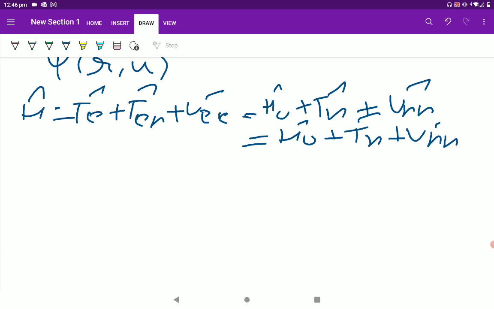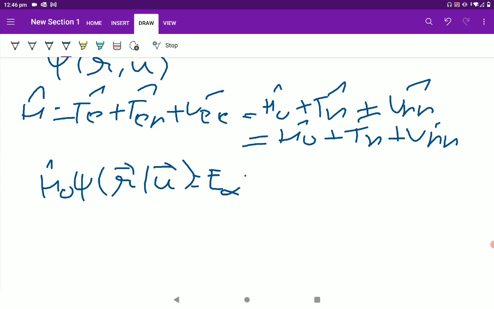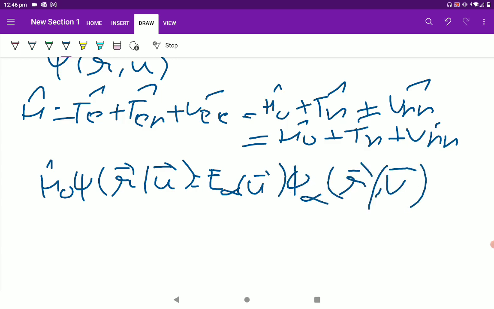So we will find some electronic wave function with some values of energies. So let's solve the electronic problem given by this equation. So we are solving the electronic problem with a fixed situation and we will find the eigenvalue of energy for the fixed position.